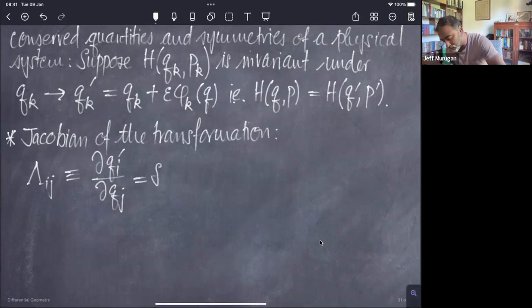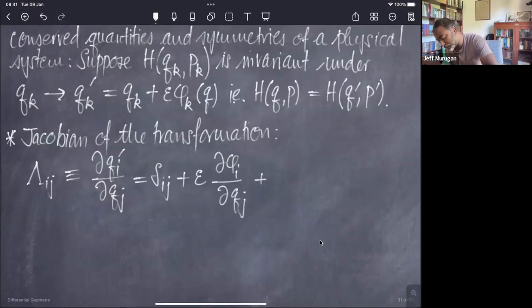You should calculate this and show that it's just delta ij plus epsilon d phi i by dqj plus things that are of order epsilon squared.